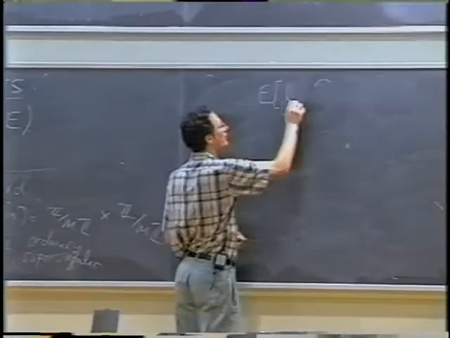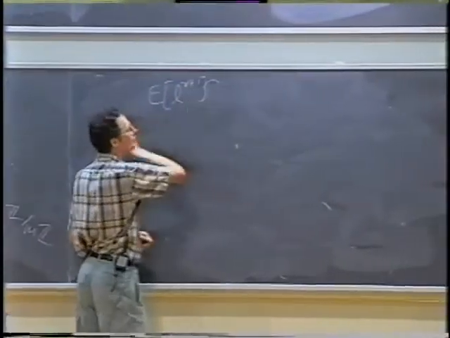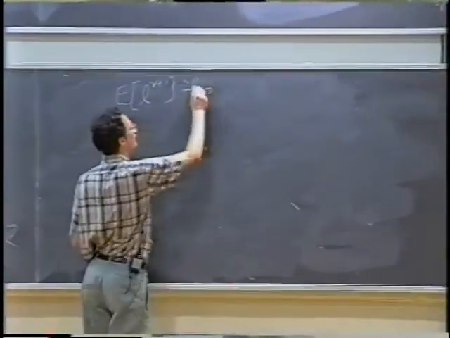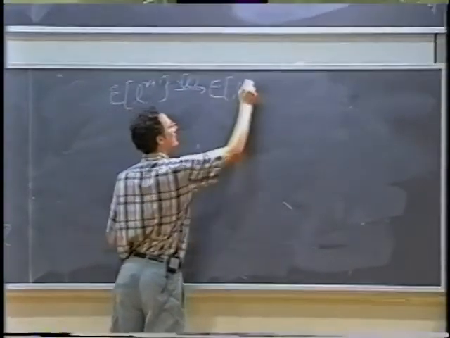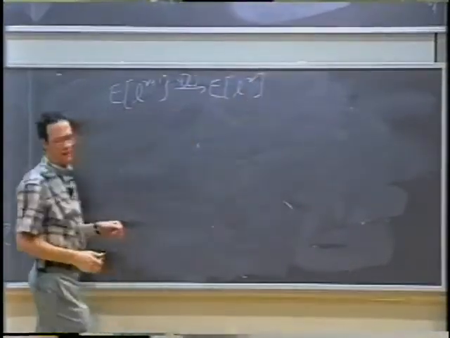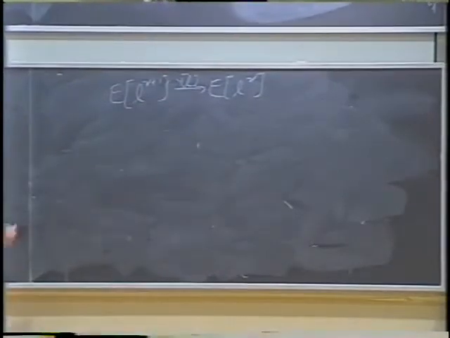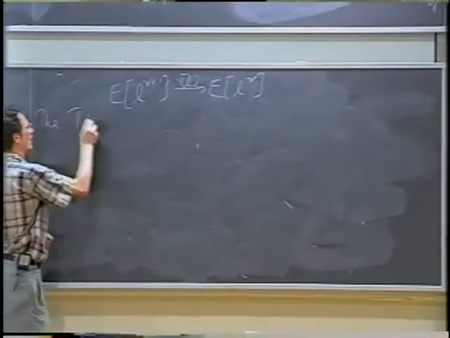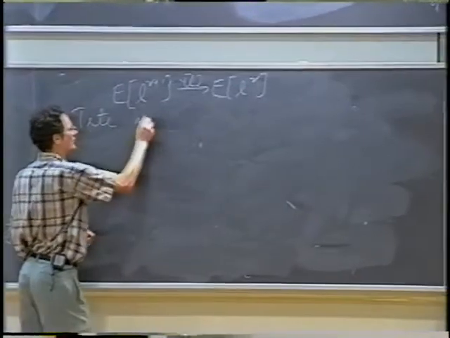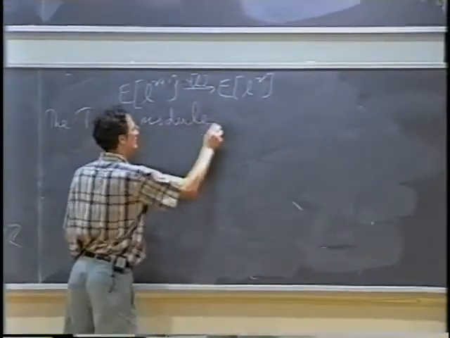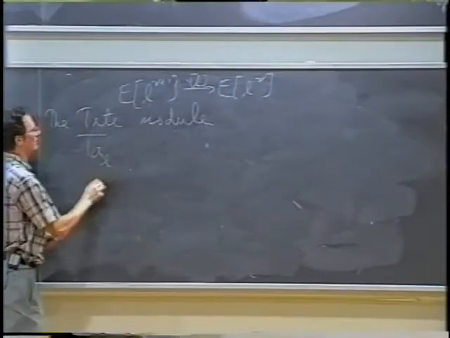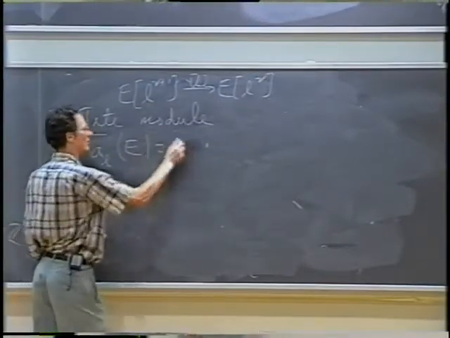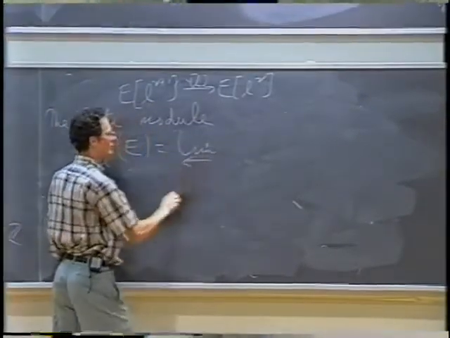So you can look at the L to the nu plus 1 torsion, and multiplication by L gets you to the L to the nu torsion, and you can take the inverse limit of that. And one ends up with what's called the Tate module. In this case, the L-adic Tate module, T_A sub L of E, which is the inverse limit.